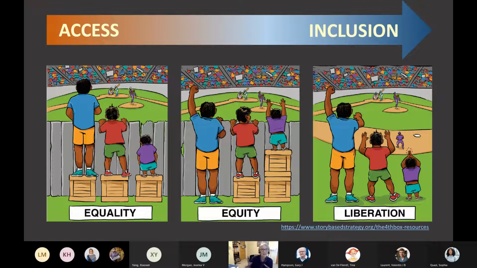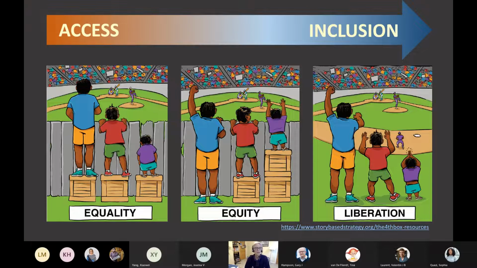And in reality, there is this continuum between access and inclusion, and it's nicely demonstrated by this little series of cartoons here, where the three people we can take as being our diverse student cohort. This baseball game is our field trip. The fence is a barrier to participation, and these boxes are our accommodations or our reasonable adjustments.